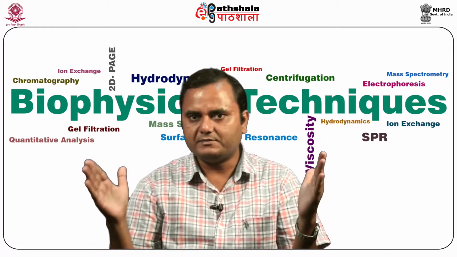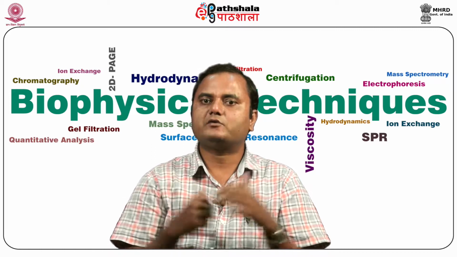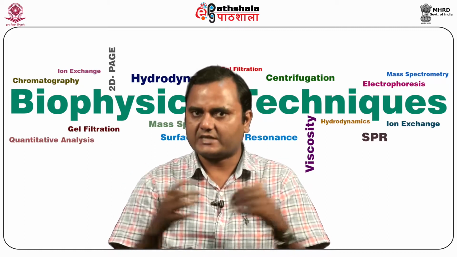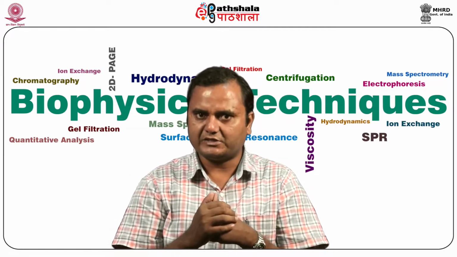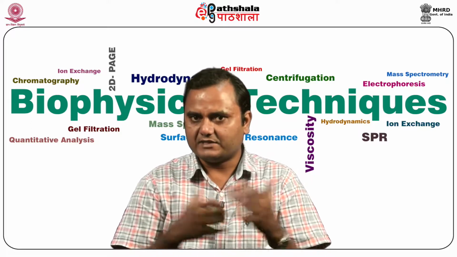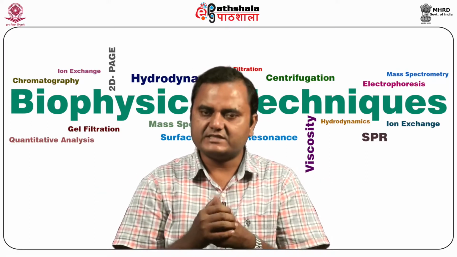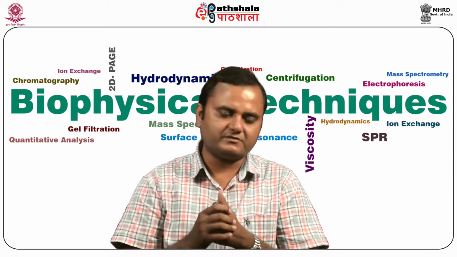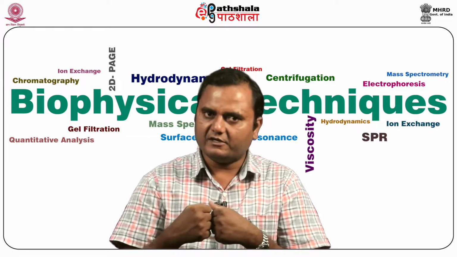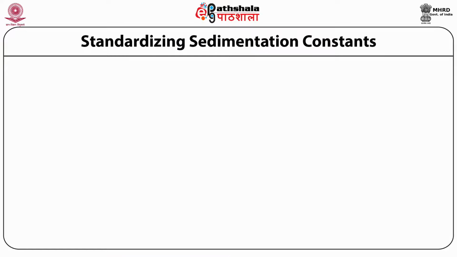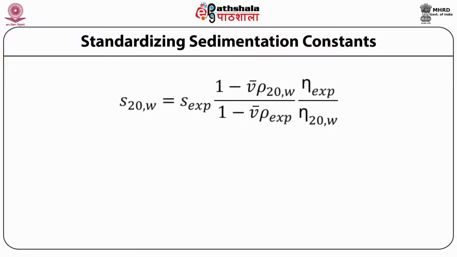So the equilibrium constant for heteroassociating systems can be measured using sedimentation equilibrium. At the same time, the equilibrium constant for the association system is measured. So these are the very wide applications of the analytical ultracentrifuge. Now we discuss the standardization method for the sedimentation coefficient, that is S20,W.